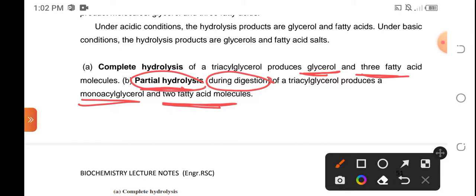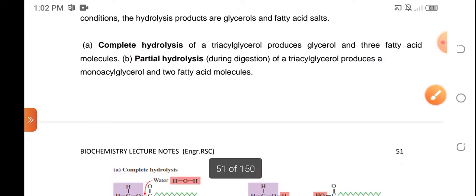Rather, dalawa lang ang mabibreak, hindi yung tatlong ester linkage. That's why meron tayong monoacyl. Remember that the triacylglycerol, the tri indicates that there are 3 ester linkages. But for partial hydrolysis, since we are only breaking some of its ester linkages, one of the products is monoacylglycerol. And of course, the 2 fatty acid molecules pa rin.